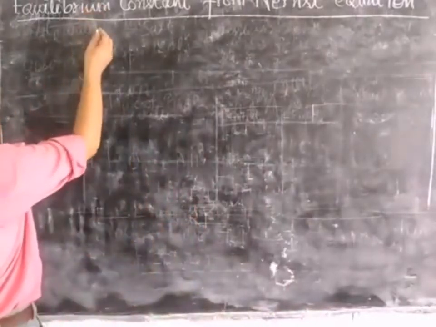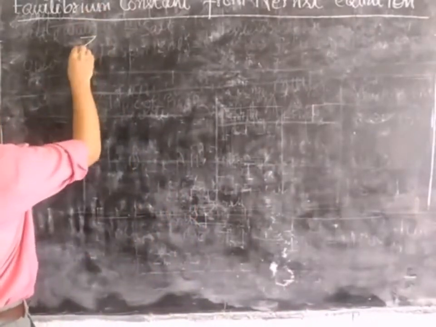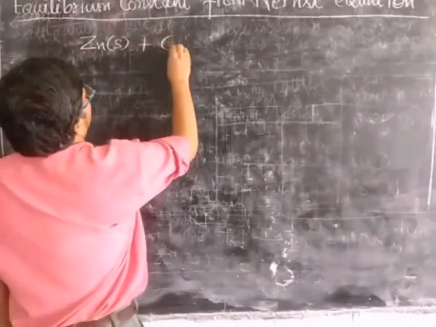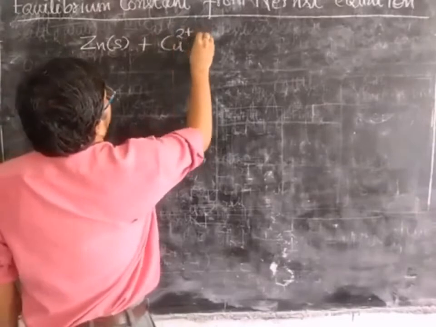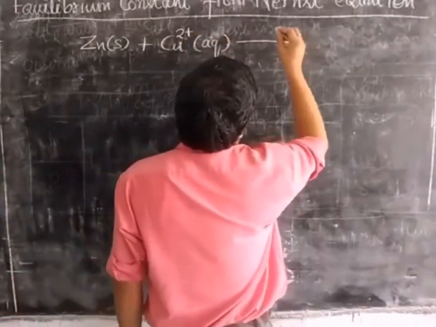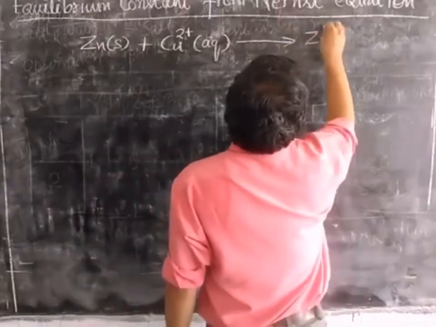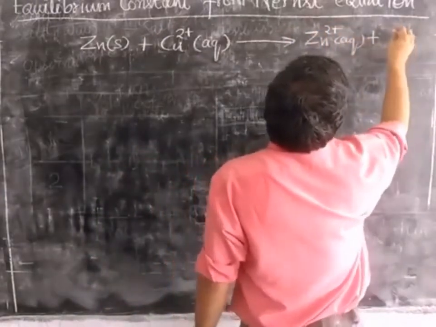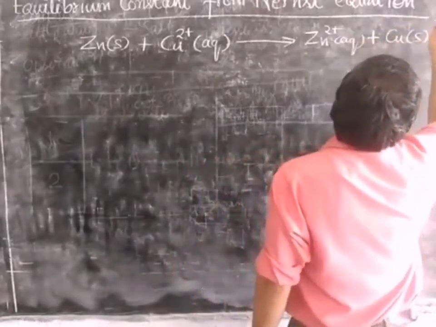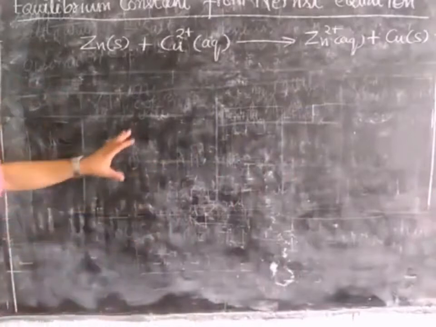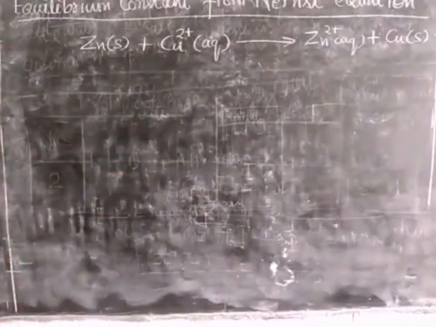So in that reaction we had zinc in solid form reacting with copper in aqueous medium to give zinc in aqueous medium and deposition of copper in solid form. This was the equation and we are using this equation.